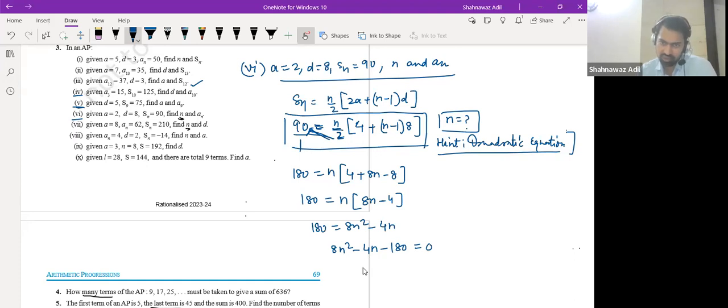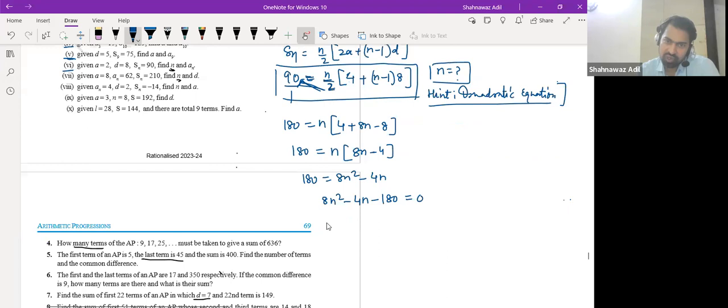So 4 is taken common, and this is 2n square minus n minus 45. So the equation would be 2n square minus n minus 45 equal to 0.